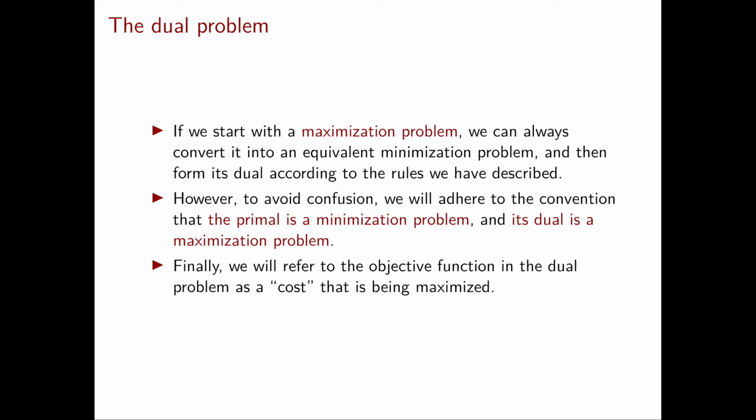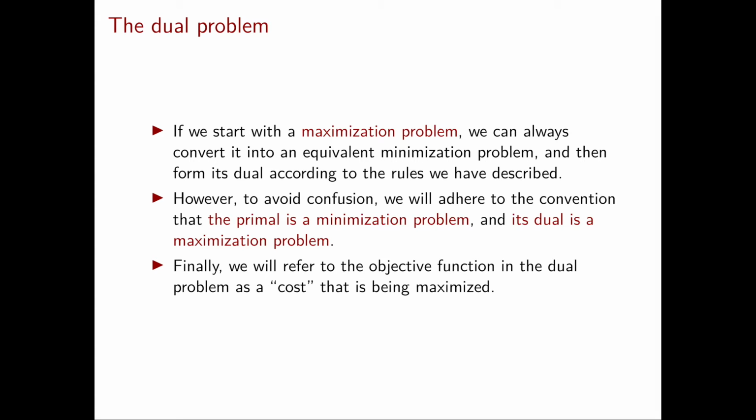At this point, we know how to construct the dual linear programming problem to any primal linear programming problem of minimization form. So what if instead you have a primal linear programming problem where you wish to maximize your objective function? Well, in this case, we know how to transform any maximization problem into a minimization problem.